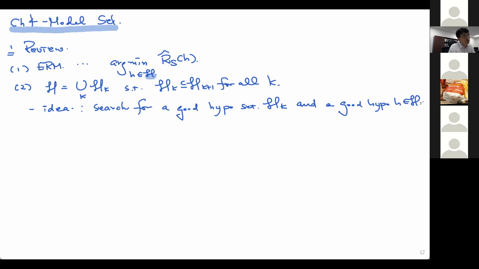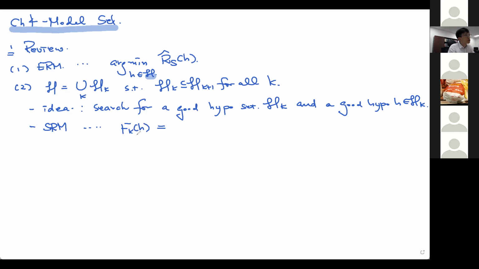and a good hypothesis in H_k. And the algorithm that we looked at was structural risk minimization, that does this two-level search at the same time. It searches for a good hypothesis set and a good hypothesis at the same time, using the objective which comes from the generalization bound.